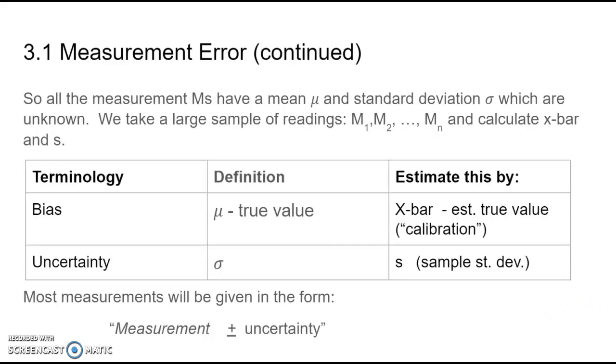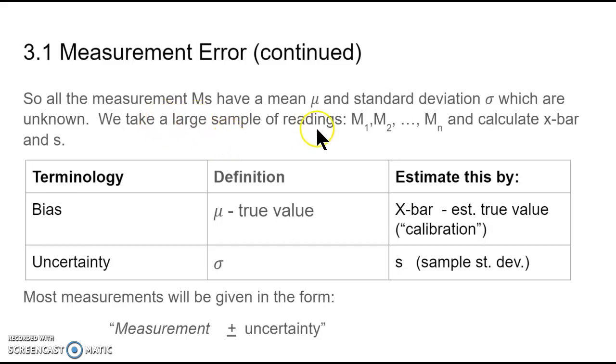All right, so here's a table of the terminology that you're going to see within this chapter. We assume that all measurements, M's, have a mean and a standard deviation, which are unknown values. When you take a measurement, there's a real mean and a real standard deviation, and your measurements vary.